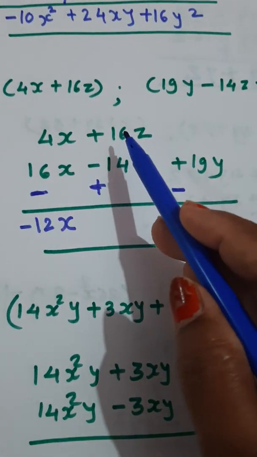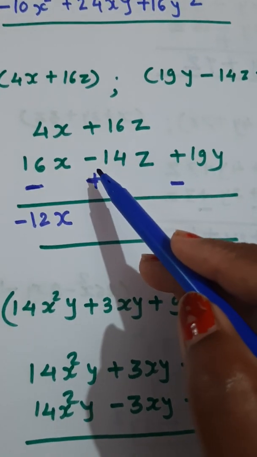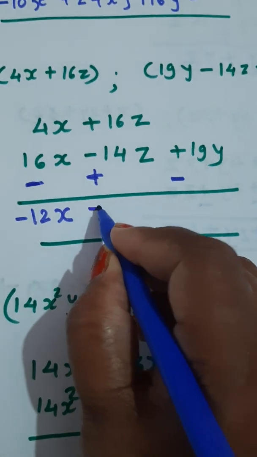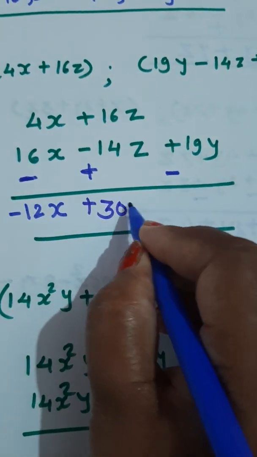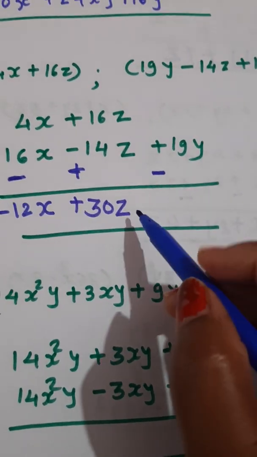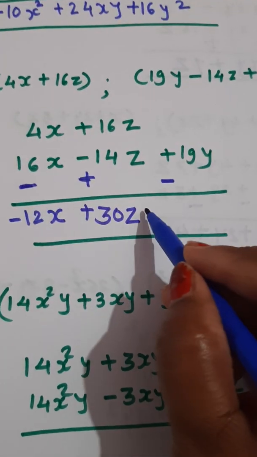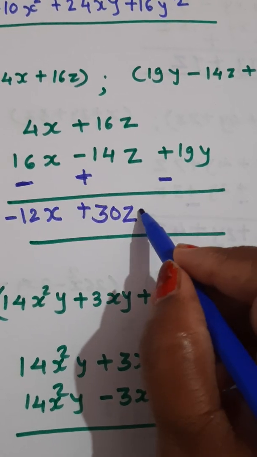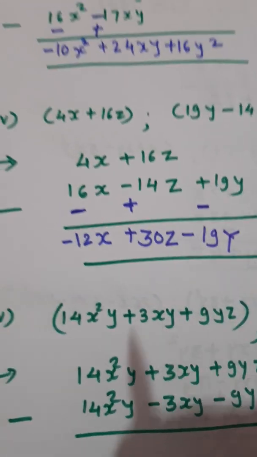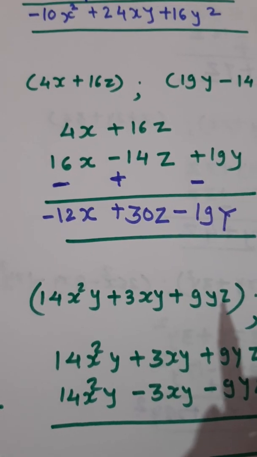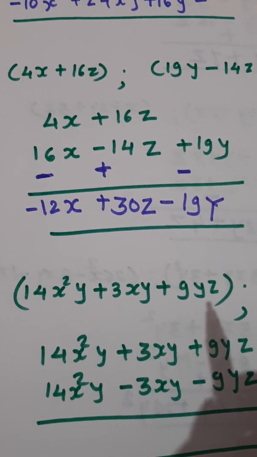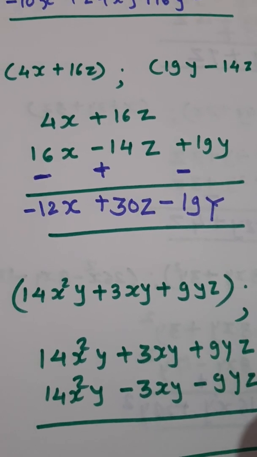So what will come? 6 plus 4, 10. 1 carry. 1, 2, 3. So 30, but positive 30z. And this positive 19y becomes negative, upside no term. So as it is, it will come with the change in sign, negative 19y. So what is the answer? Negative 12x plus 30z minus 19y.